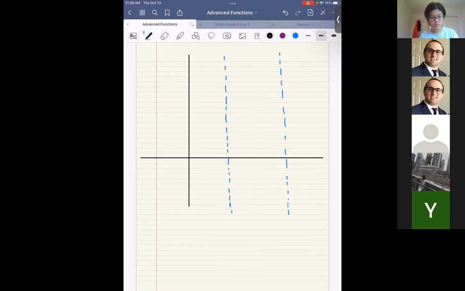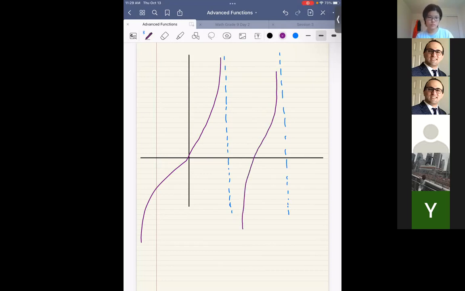The graph of tangent is something like this, and so on.